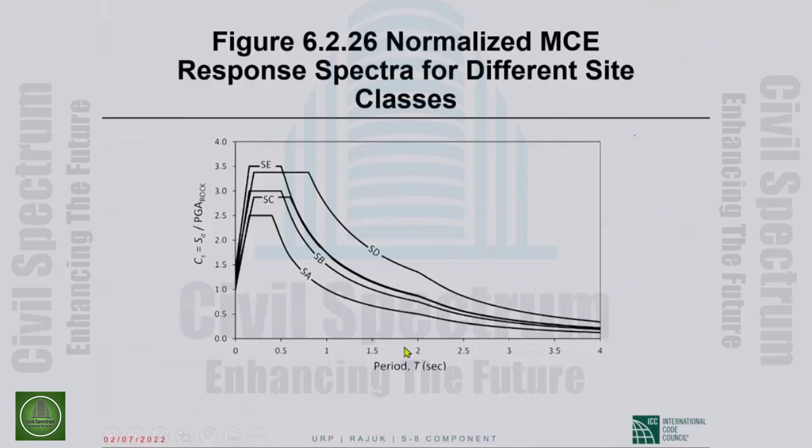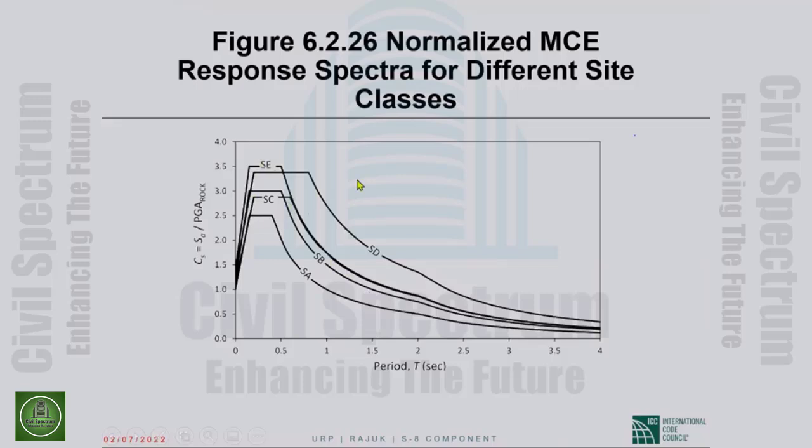If you construct the spectra for different types of soils, this is what the spectra look like. This is S sub A, this is S sub B, this is S sub C, then S sub D, and then S sub E.